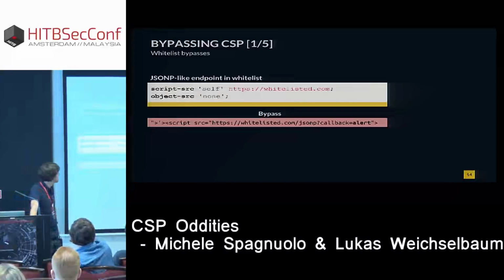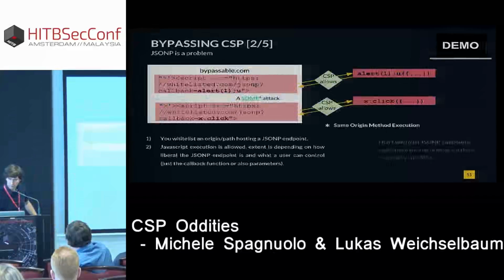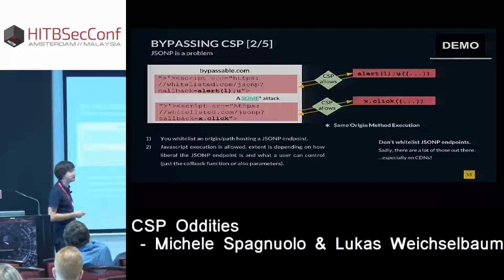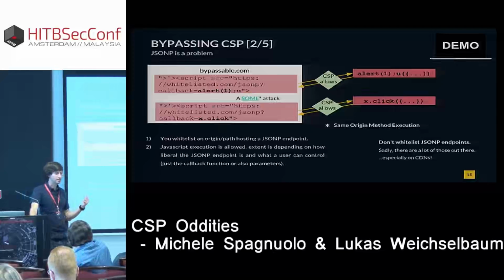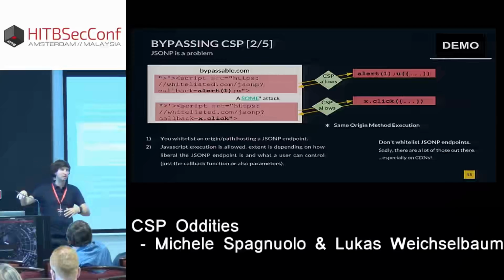CSP will say, yeah, sure, whitelisted.com is whitelisted, so I allow this, and you're perfectly fine to source that from whitelisted.com. Whitelisted.com then will reply with the callback parameter and some other stuff.